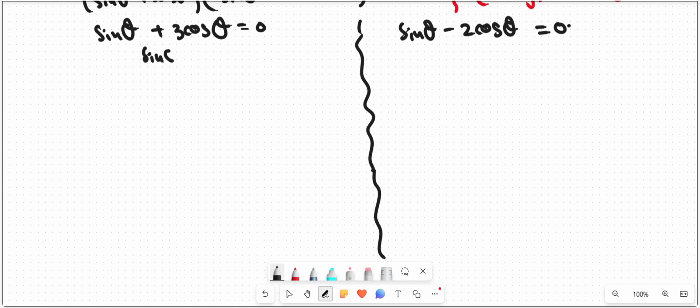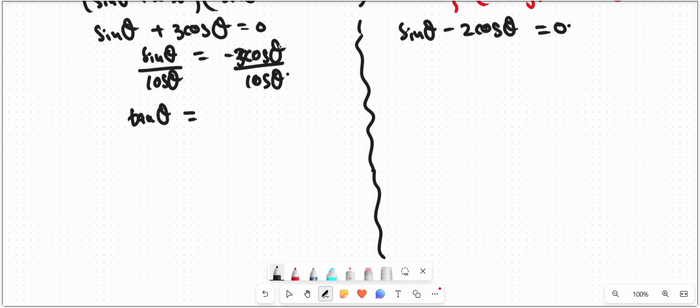So sine theta is equal to negative 3 cos theta. Then I have to divide by cos theta on both sides again. Why? Because this would turn into a tan theta, and this cos theta with the cos theta just gives me the negative 3 left by itself, right?